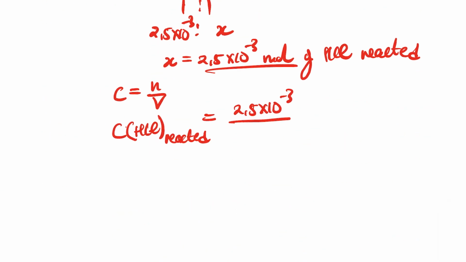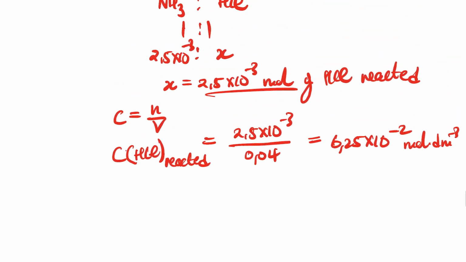But 40 we have to convert, you divide by 1000, it's going to be 0.04, and then when you punch that in the calculator, it's 6.25 times 10 to the power negative 2 mole per dm3. That's the concentration of the HCl reacted.